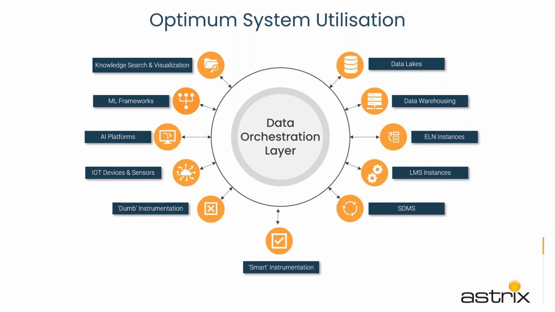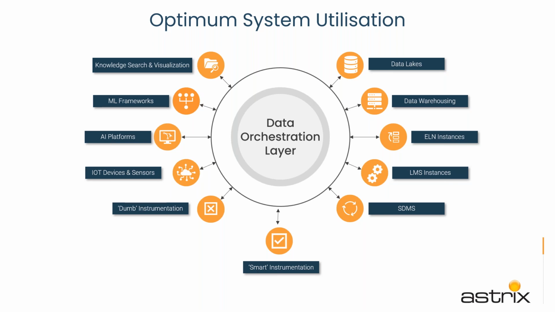You can see clever instruments such as your chromatography, mass spec, NGS systems, more dumb instruments such as balances, like I mentioned before, data lakes, IoT devices and sensors generating data from your freezers, or temperature, humidity, luminosity sensors, that kind of thing, generating data from all over your labs, and a whole host of other technologies as well. And so the idea is that rather than point-to-point integrations, everything is connected to an orchestration layer.